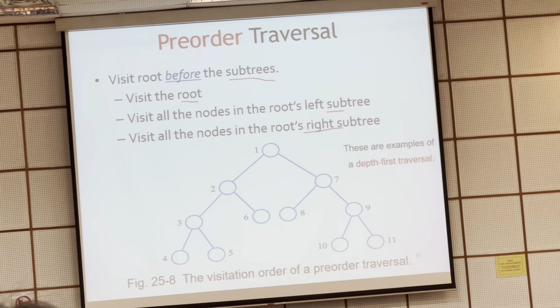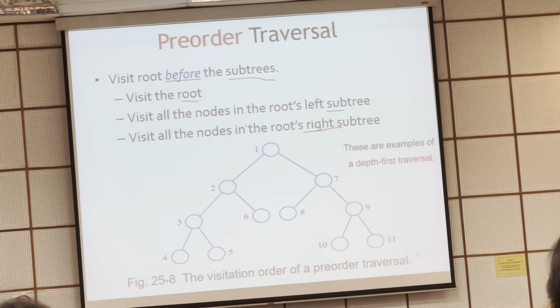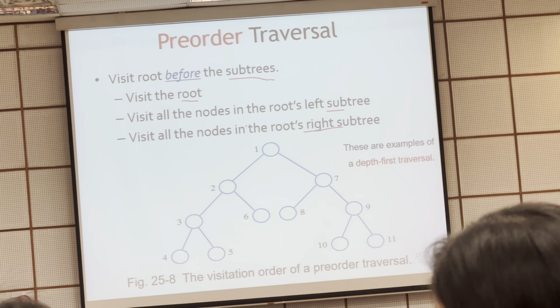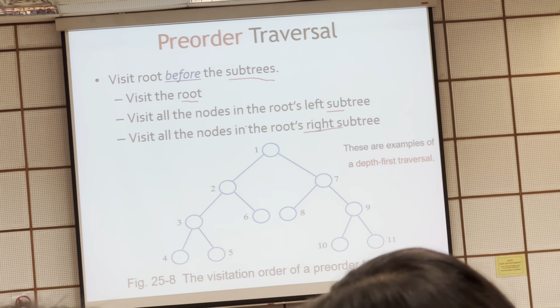I already wrote here, actually in yesterday's class, pre-order, the rule is root, left and right. In-order, left, root and right. And post-order is left, right and root. So just check where you read your root.